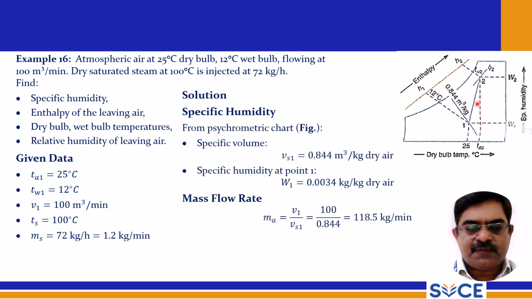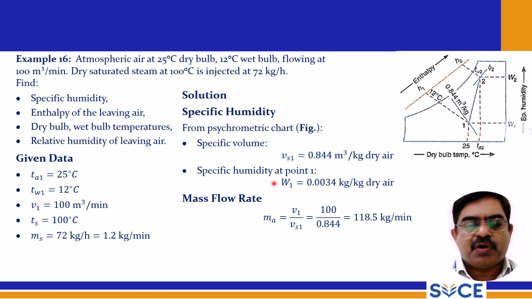Most of the parameters can be found from the psychrometric chart itself, specific humidity and specific volume. VS1 obtained from the psychrometric chart is 0.844 meter cube per kg of dry air. This is the specific volume at entering.